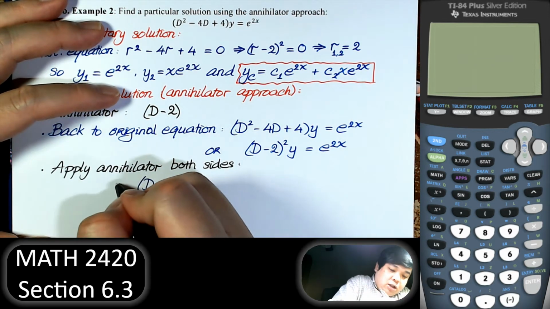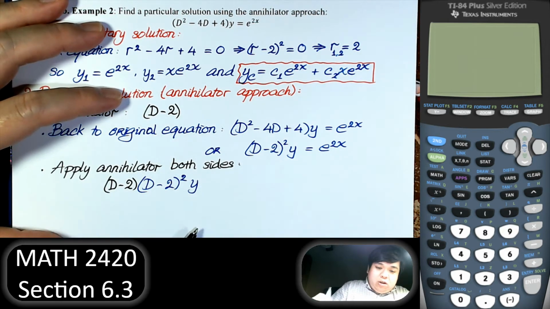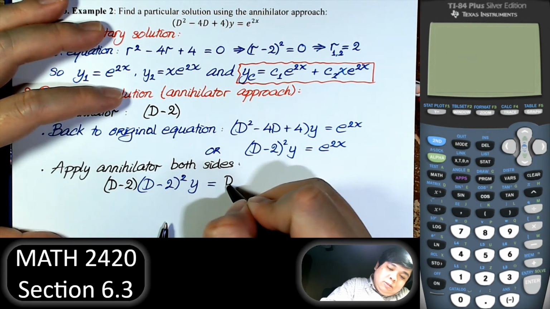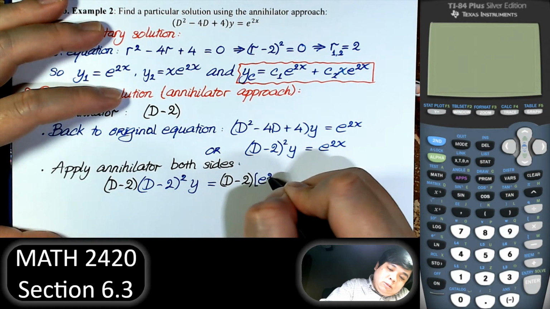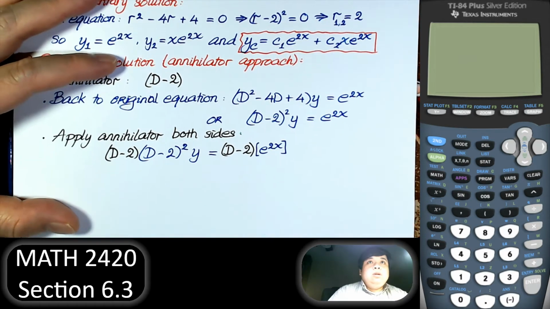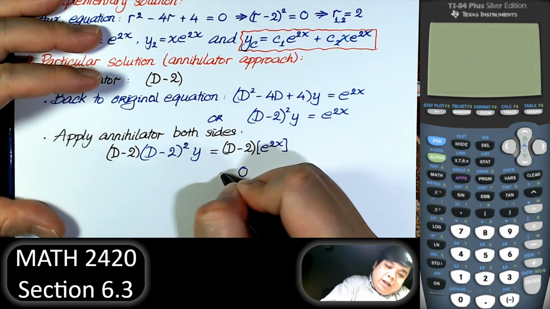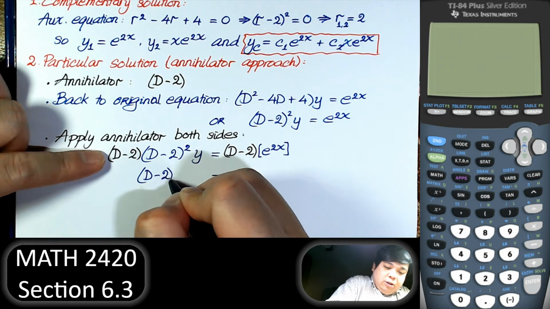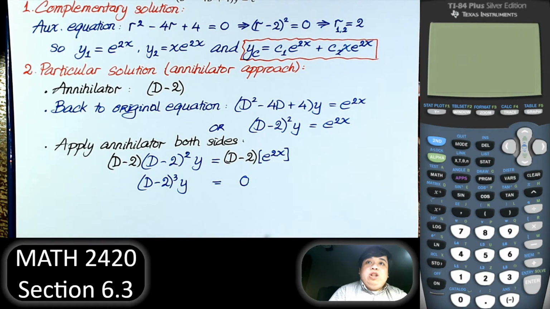So we apply D minus 2 on both sides. And the annihilator will annihilate that, so we have 0, and we will have (D minus 2) cubed. So that is the homogeneous equation that we want.